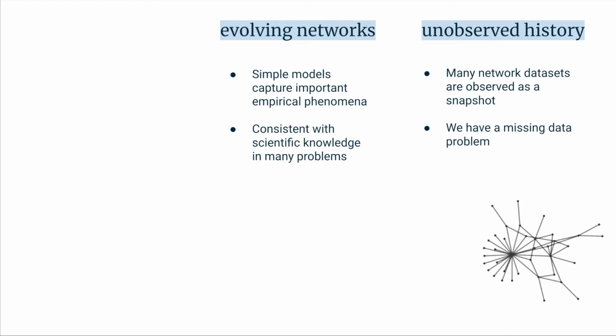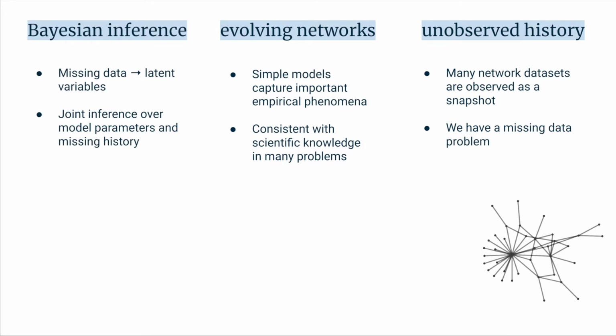If we want to actually model the network as a dynamic process, then we have a missing data problem. The history of the network is missing, and we can't ignore that missingness. When we have missing data like this, Bayesian methods often excel.